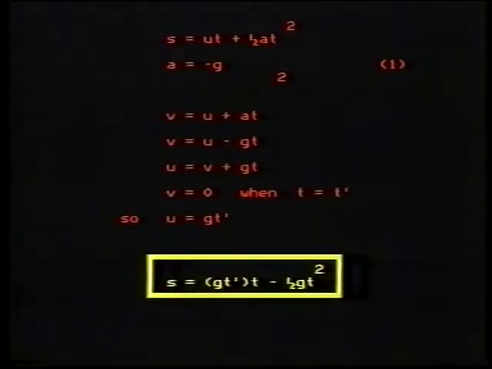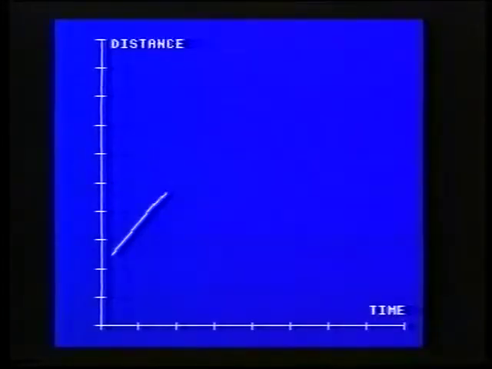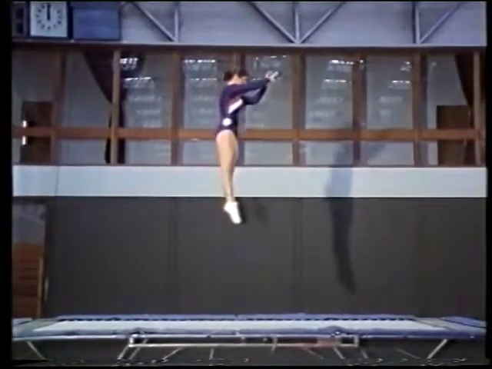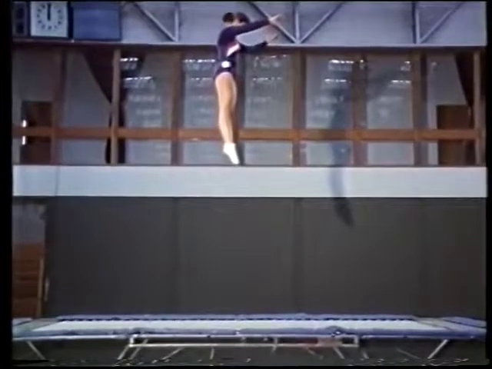And this equation should explain the curve that we've obtained. Let's see. This is the theoretical graph, and we can compare this with the graph from the analysis. So this motion obeys our simple theory.